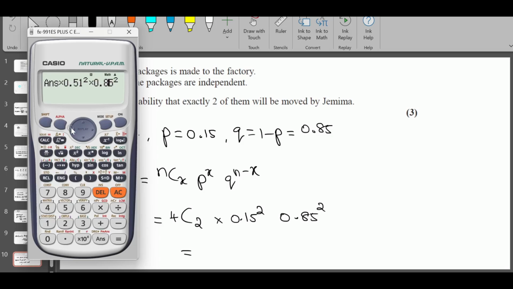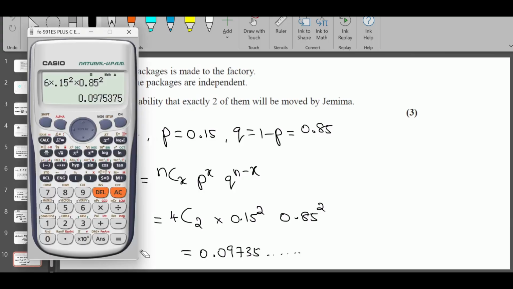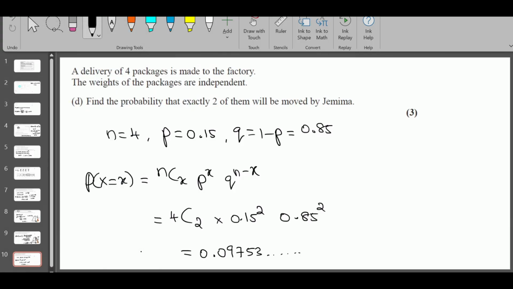Okay, sorry, I put the wrong number here. 6 times 0.15 squared times 0.85 squared gives 0.09753 and so on, and then you can round it to 3 significant figures: 0.0975. That's all.